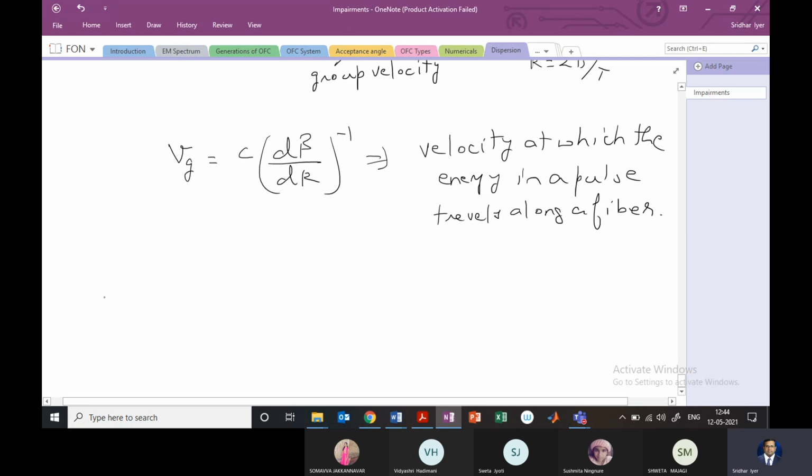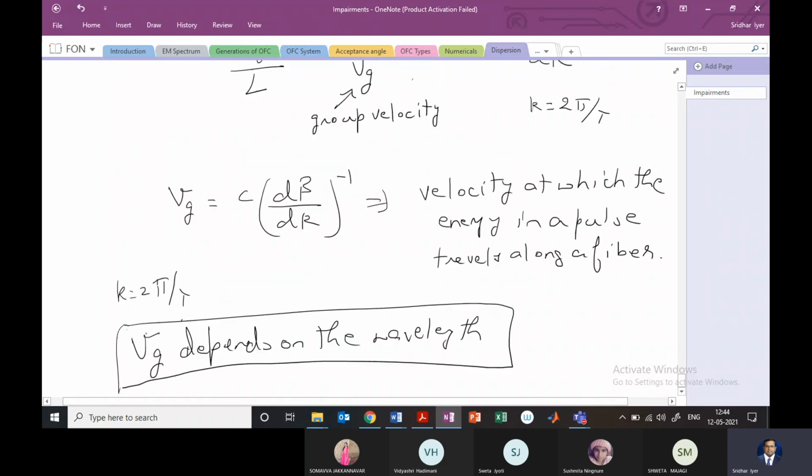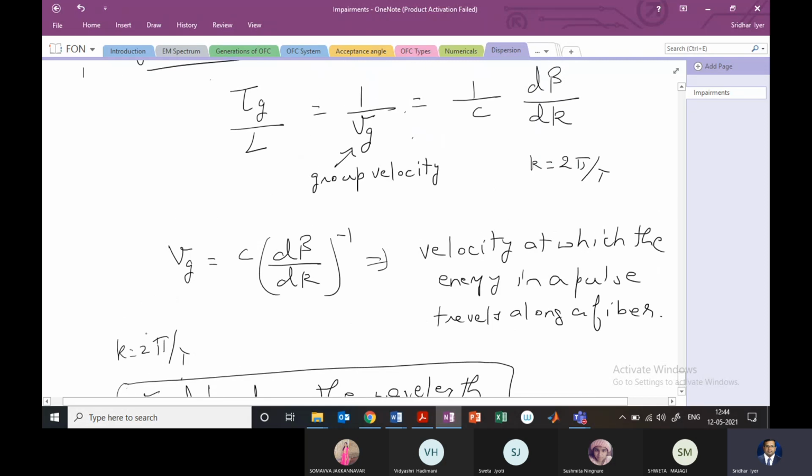So this group velocity, as you can see, is dependent on beta and k, and since k is 2 pi by lambda, we can say that Vg, the group velocity, depends on the wavelength. This is a very important factor. If I scroll up, we will see that tau g is related to Vg.